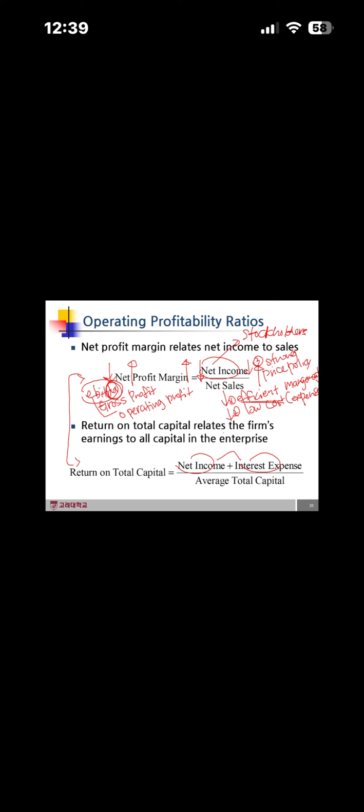But this net income plus interest expenses metric shows the income available to stockholders plus bondholders. And this average total capital is, let's say, debt plus equity.